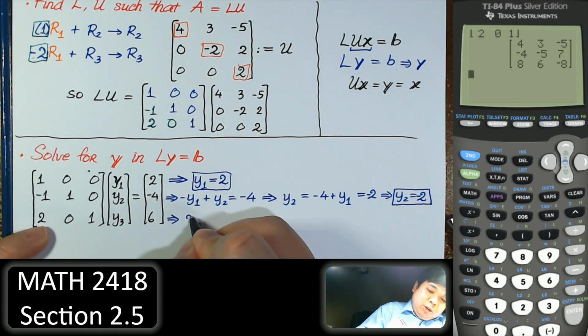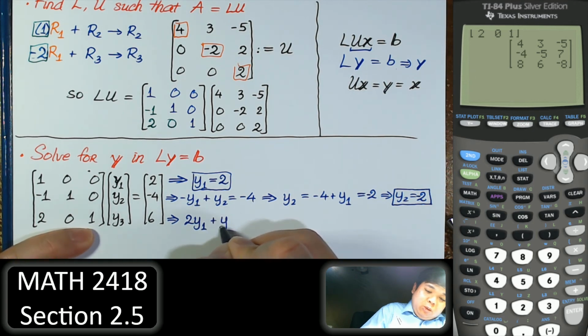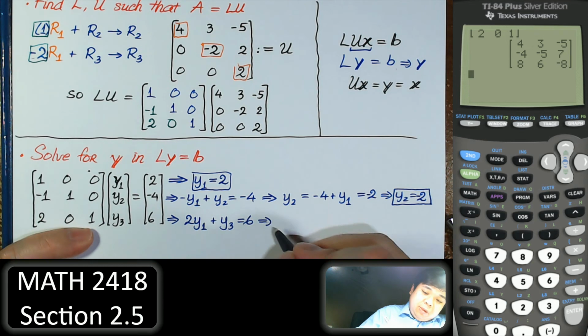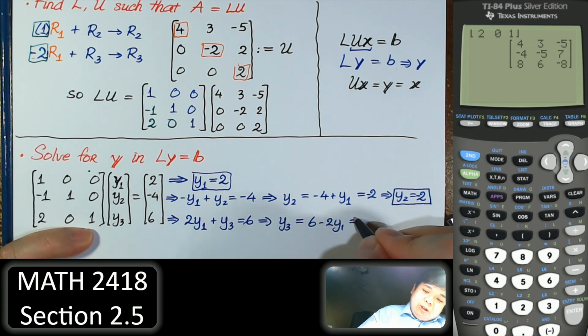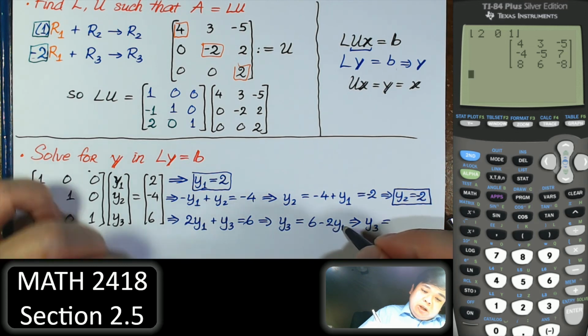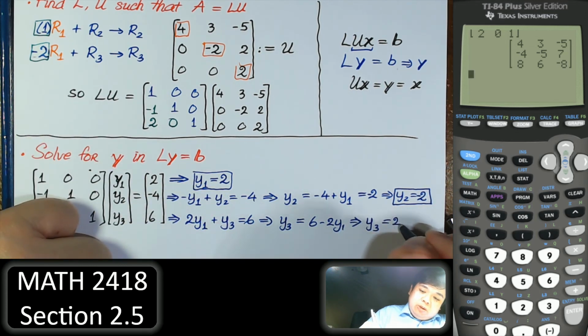And then next we have 2y1 plus y3 equal to 6. So we have y3 equal to 6 minus 2y1. Y1 is 2. So y3, 6 minus 2 times 2. 6 minus 4 is 2.